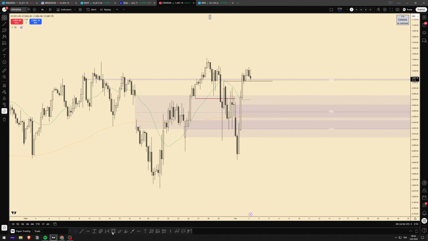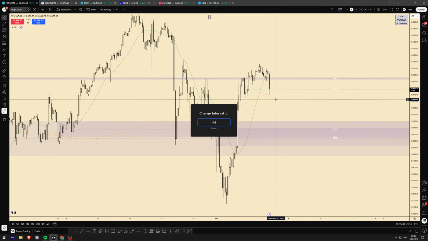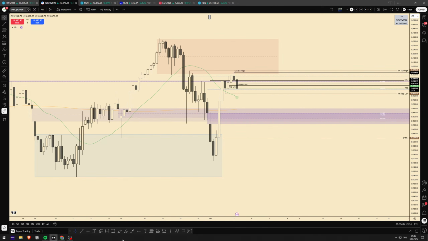This is another possibility, right? Here it makes some retracements and comes back to make another high. Nasdaq might be doing something similar like that and then come back. Okay, this is a possibility.